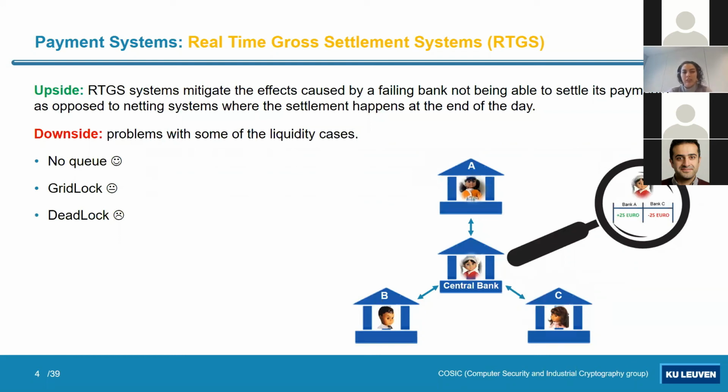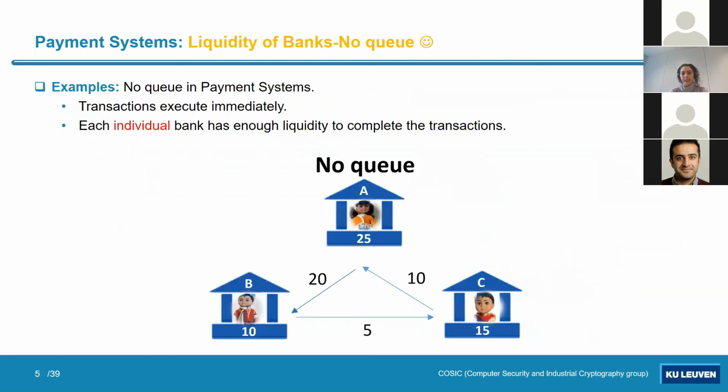Let's see what they mean in detail. In no queue, imagine that we have three parties, party A, B, and C. Party A has 25 euros as initial liquidity. Party B has 10 euros as initial liquidity, and so on.